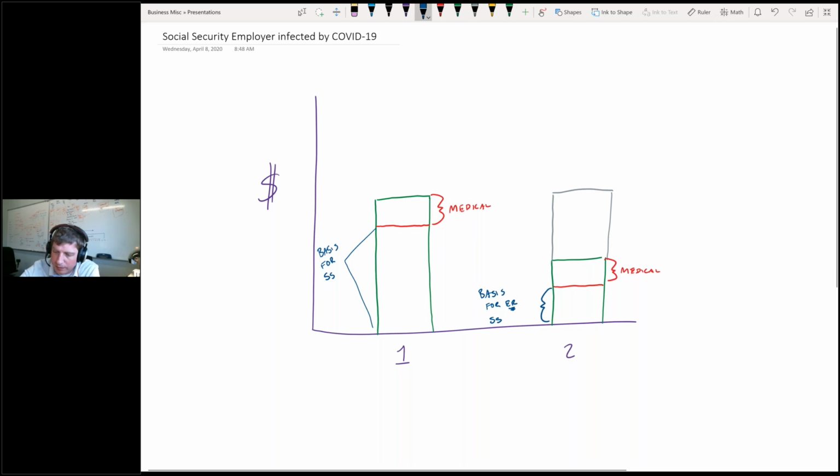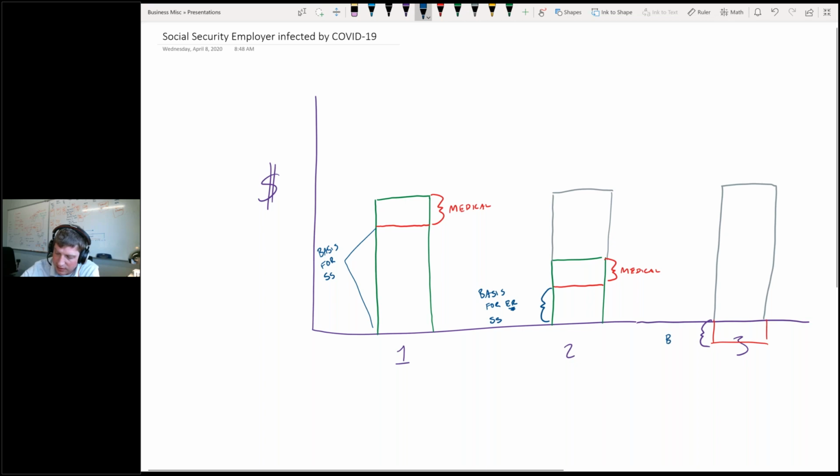But what gets really weird is when we have a situation where the employee, John Smith, say, the next week has 100% COVID-19 wages. Now, what happens is this medical forces the basis for the Social Security employer portion here to go negative.